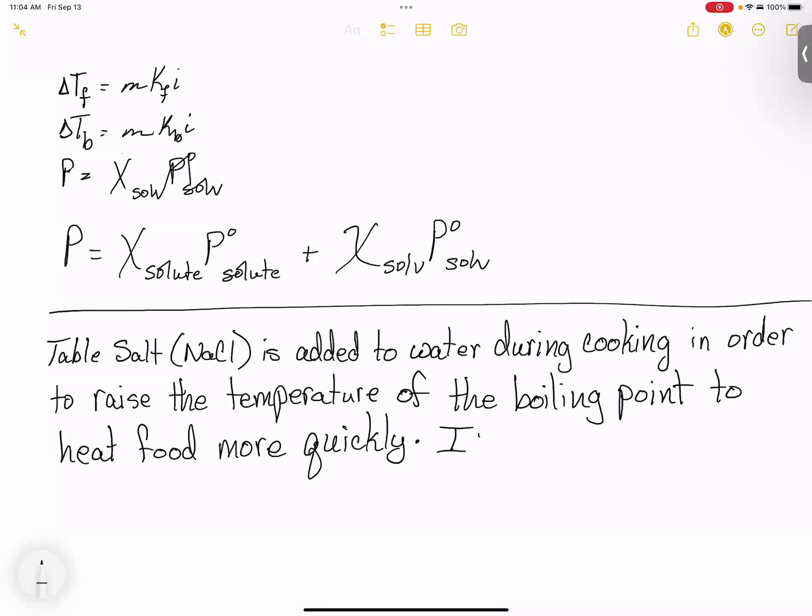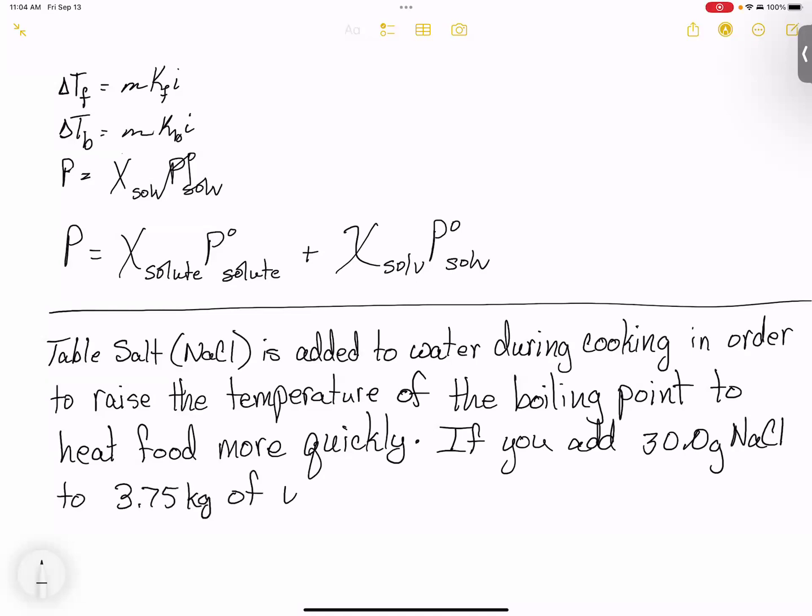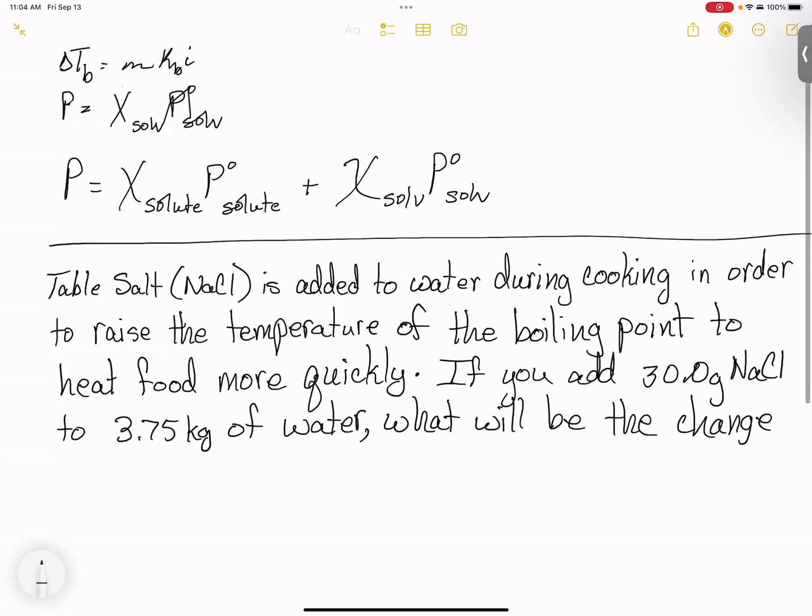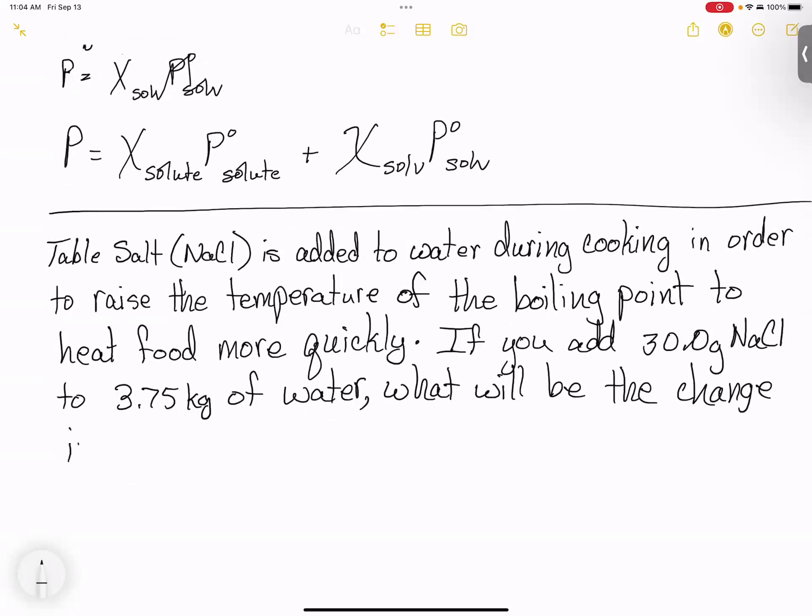If you add 30.0 grams of table salt to 3.75 kilograms of water, what will be the change in the boiling point of your salt water?